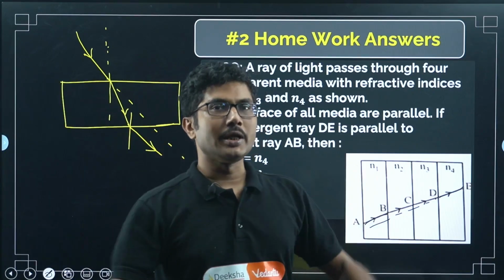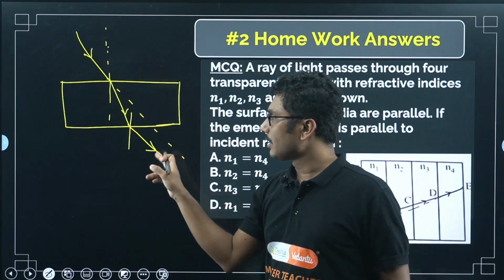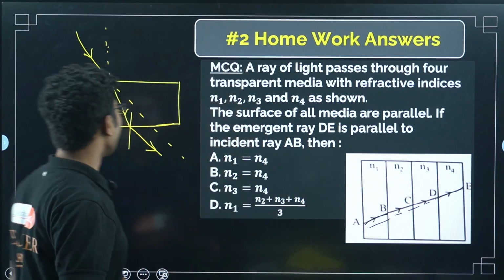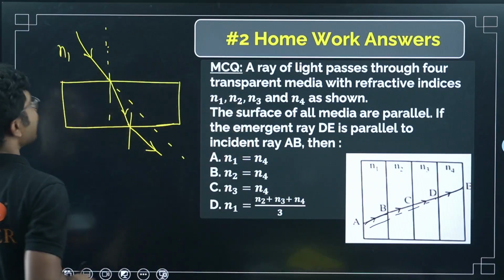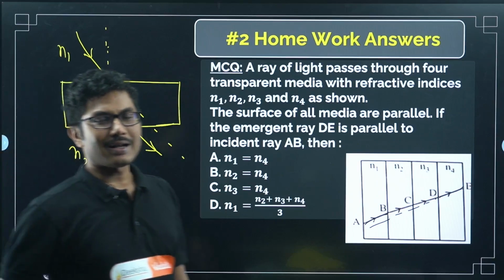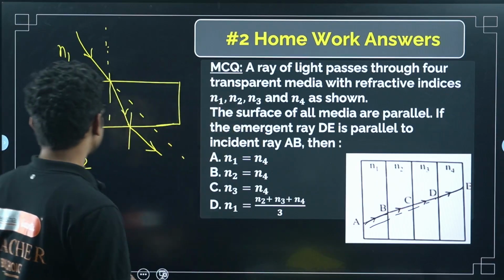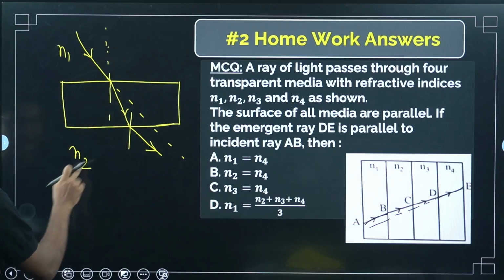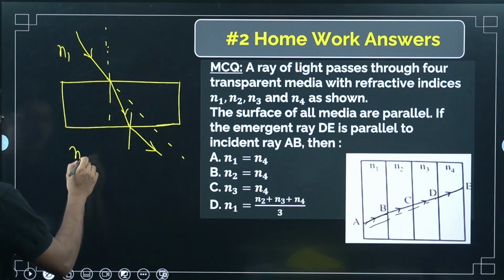Now why do you think these two rays are parallel to each other? Because the starting refractive index and the ending refractive index are the same, right? So that's why it is parallel.